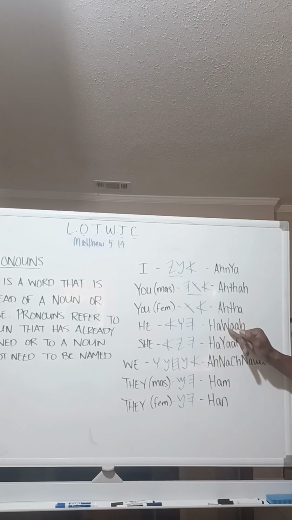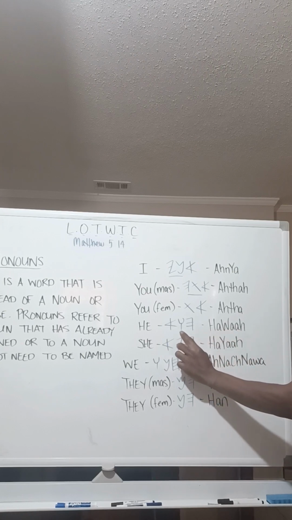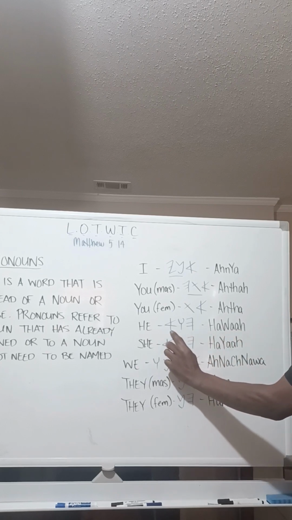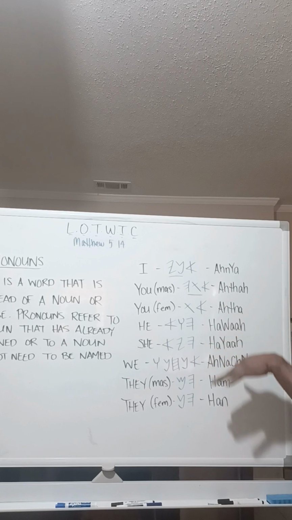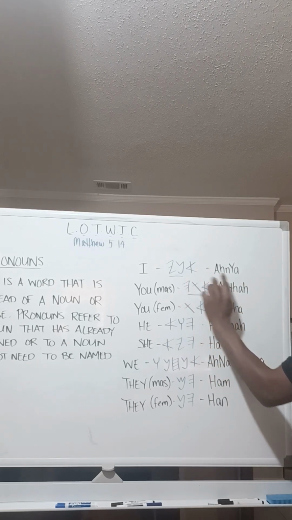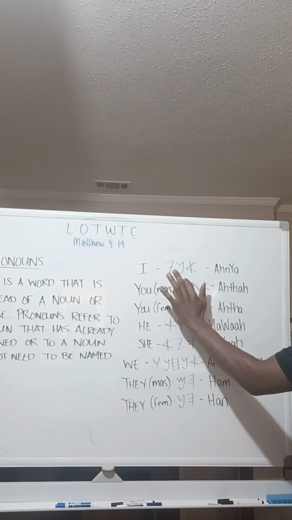This ha is this ha. The wa is this character. The ah is the first character, is this character. And that's for all of your language. The na joins with the two, as you can see, underlined.